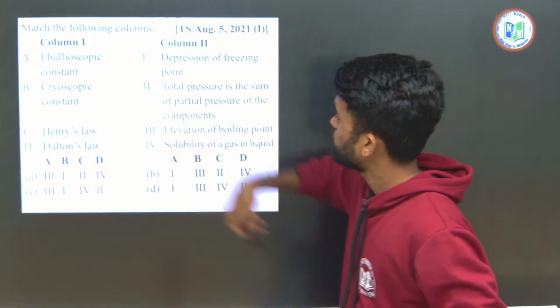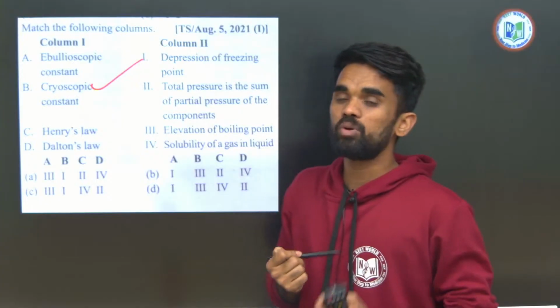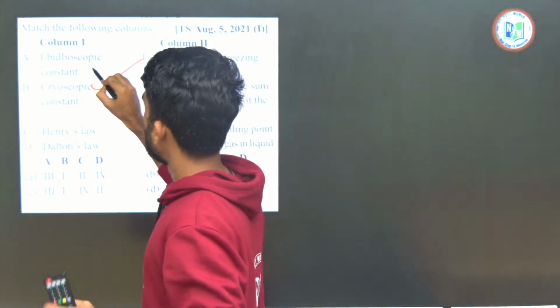And one more is elevation in boiling point, ΔTb, with the molar elevation constant or ebullioscopic constant, that is Kb. Next, Henry's law is used to give the relation between the solubility of a gas and its pressure. That's it. We already discussed very clearly what Henry's law is and its questions also, right?